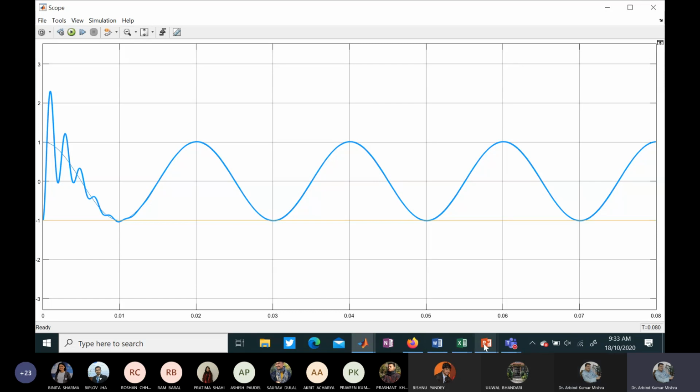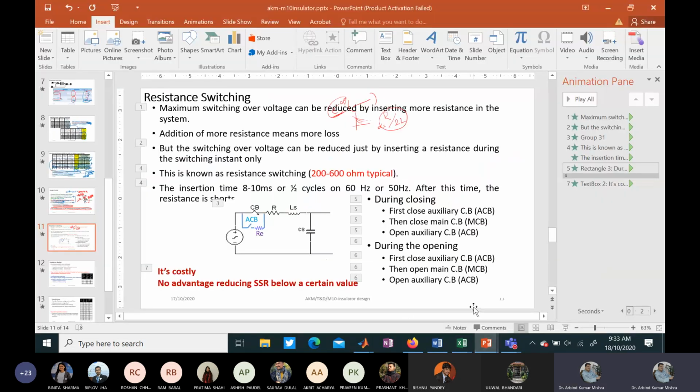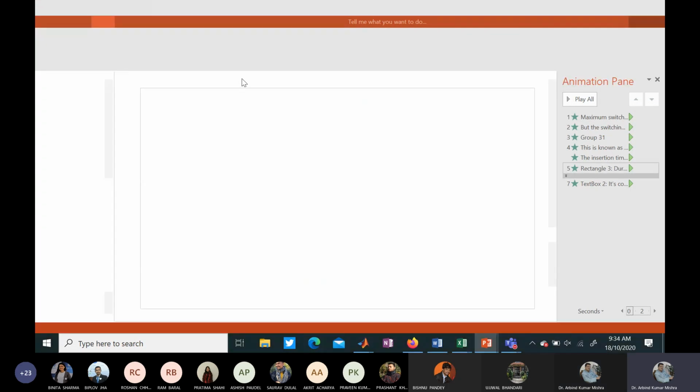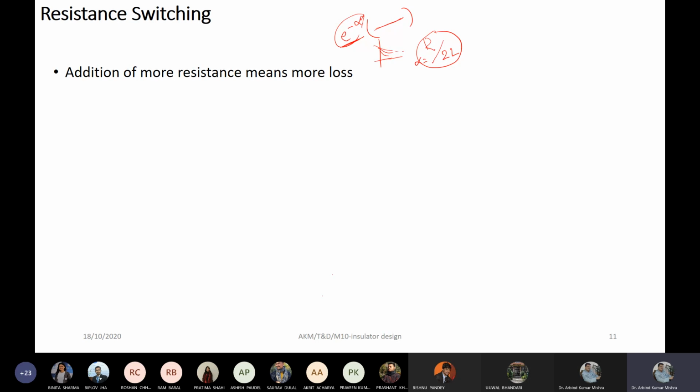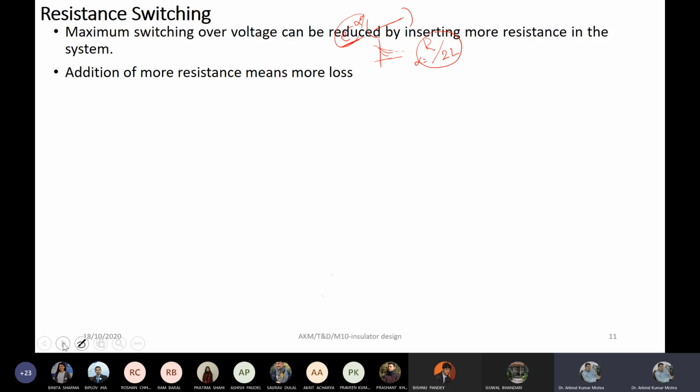So just by adding the resistance, the switching over voltage can be reduced by inserting more. But addition of more resistance means more loss, because this is the R, L, and C of the line.